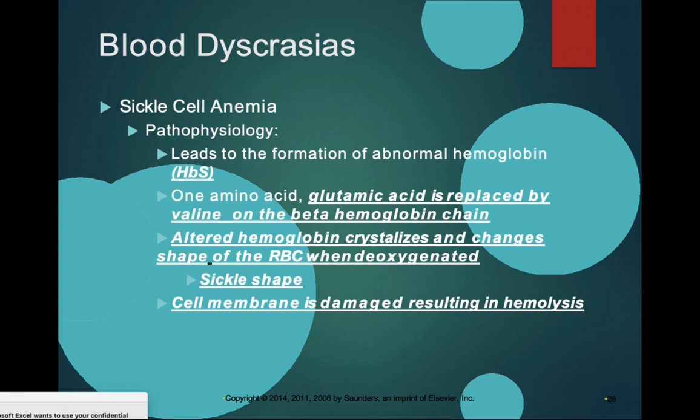Okay, I'll say that again. Glutamic acid is replaced by valine on the beta hemoglobin chain. So there's alpha hemoglobin and beta hemoglobin. This one involves the beta hemoglobin.